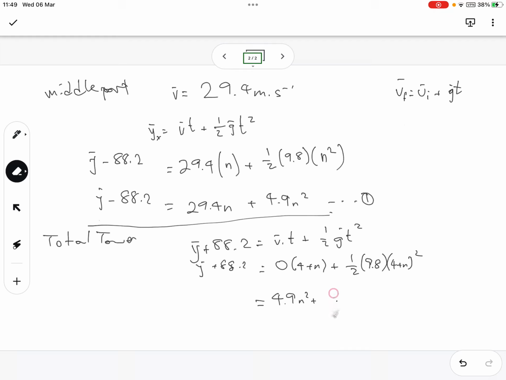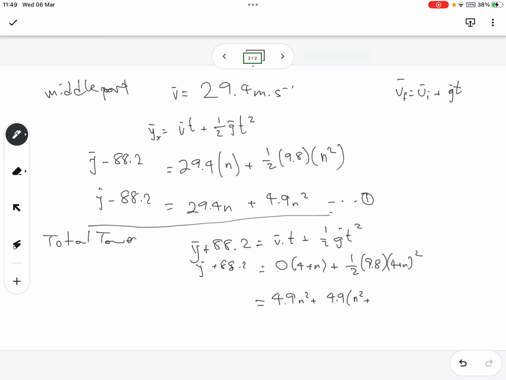Wait, I might be doing something incorrect. So it's 4.9 into n squared plus, that is 4 times 2. I guess that's the correct procedure. So you say this times that multiplied by 2, right, when you are expanding a binomial like that.